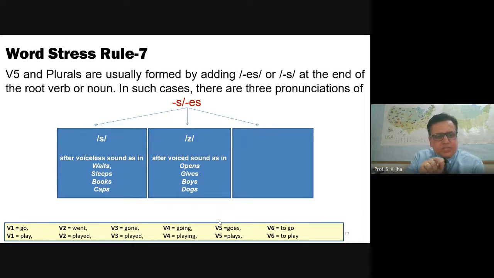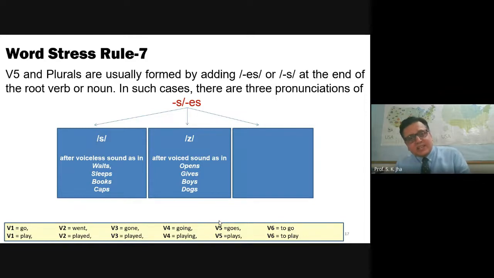Because if you see the root word wait, what is the last sound? T. What is the last sound in sleep? P. What is the last sound in book? K sound. And in cap, it is P sound. So these T, P, K, P sounds are voiceless sounds. That's why whenever you have S or ES after voiceless sounds, S or ES is pronounced as S. That's why we say waits, sleeps, books, caps.